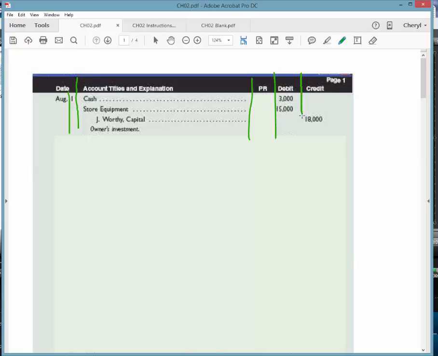Then your debit column and your credit column. Okay, one thing that this is missing is this is a general journal. And this is page 1 of the general journal.